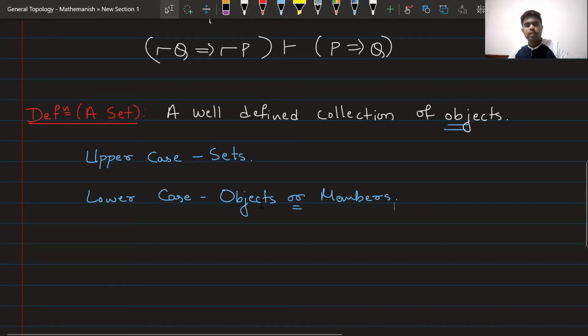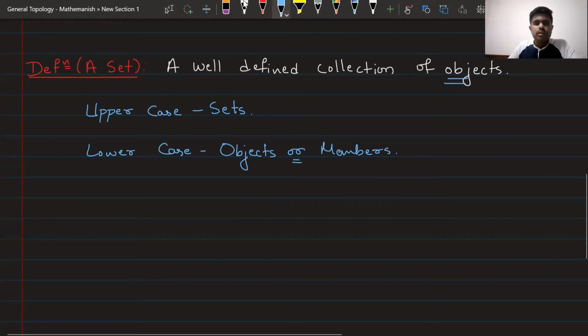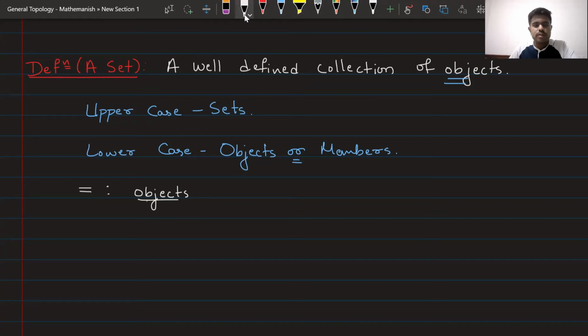Okay. And in set theory, if I use the sign equals, let us treat this in terms of objects. When I say that two objects A and B are equal, I mean that those two objects are the same. It can be a letter, it can be a number, it can be anything.